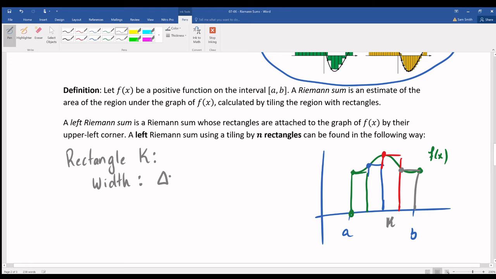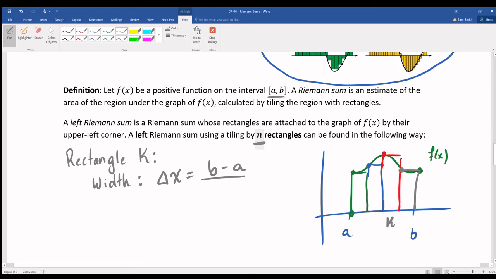Well, let's use an analysis here of what's going on the x-axis. In total, the distance between b and a on this x-axis is b minus a, since b is the larger of these two numbers. Now, if we use n rectangles to fill up that region, then how can we calculate the width of each of those n rectangles?